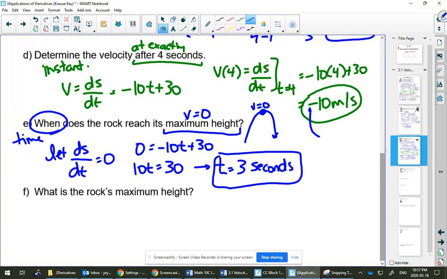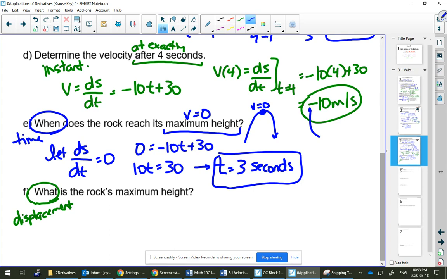And then the final question asks, what is the rock's maximum height? And what is going to be our displacement? So it's going to be important that when you're reading your questions, you're looking at whether you're being asked for a position or whether you're being asked for velocity. And if you're being asked for time, is the piece that you're given velocity or position?